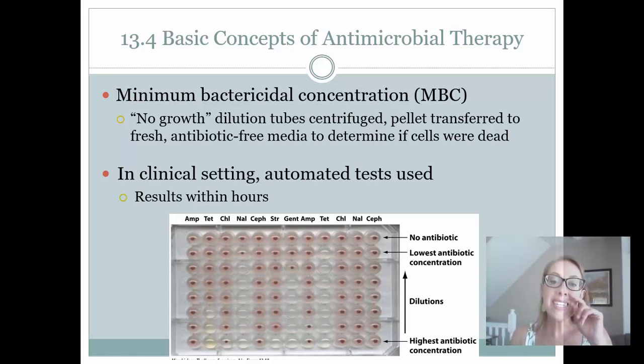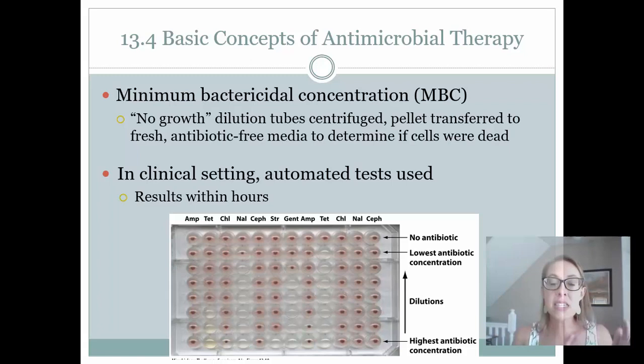Now, if we take those no-growth tubes, we spin them down, we give that pellet some new fresh media and it doesn't grow, it tells us that at that concentration, the cells are going to be dead. They're not going to undergo binary fission when you give them a nice nutrient-rich environment anymore.